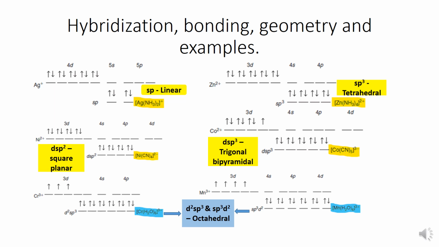As we had discussed earlier, the dsp2, here you have, it is using 4 to bond, and you have it as tetracyanonickelate(II).